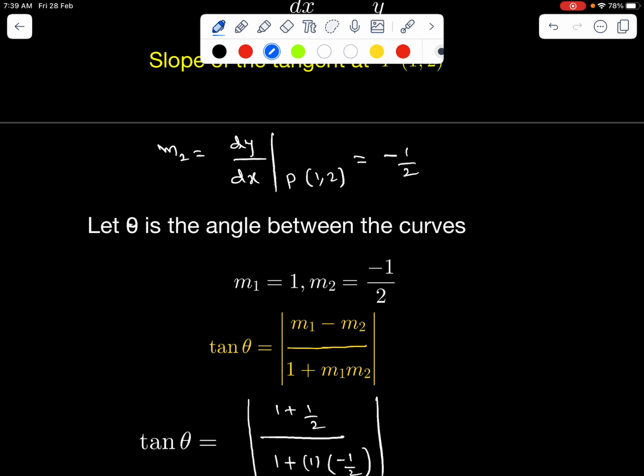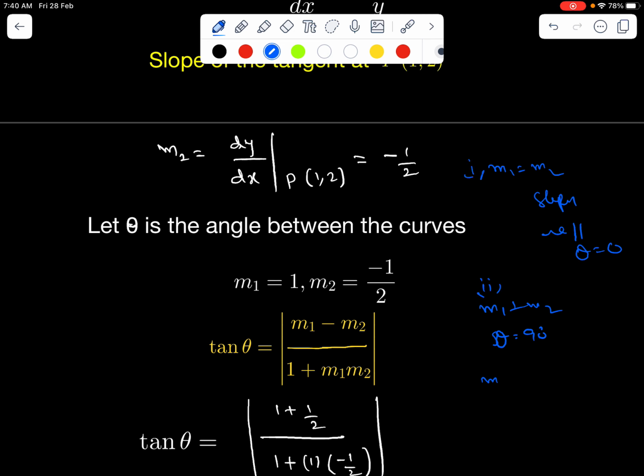Here you can observe one important point. If m1 is equal to m2, then the lines are parallel, and the angle theta is equal to 0. If m1 is perpendicular to m2, then theta is equal to 90. This is case 1, this is case 2.